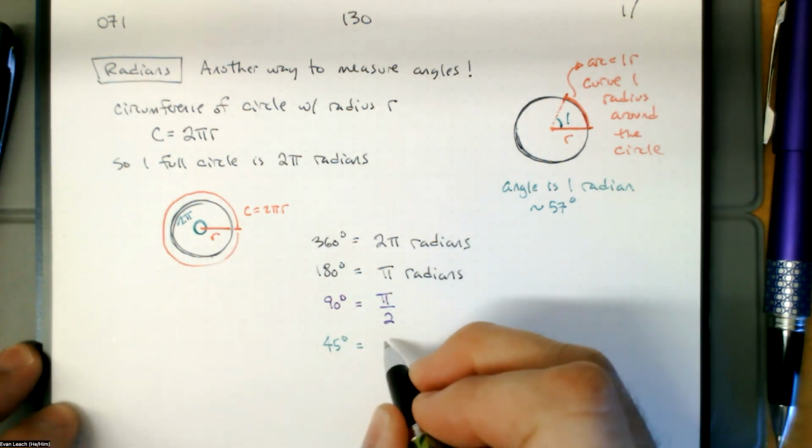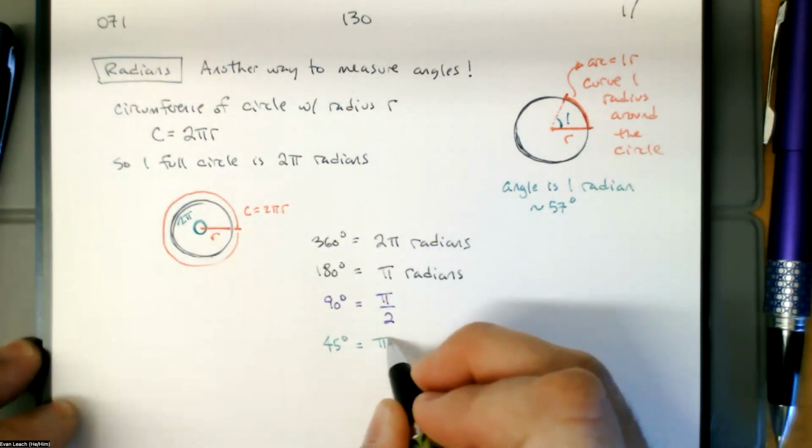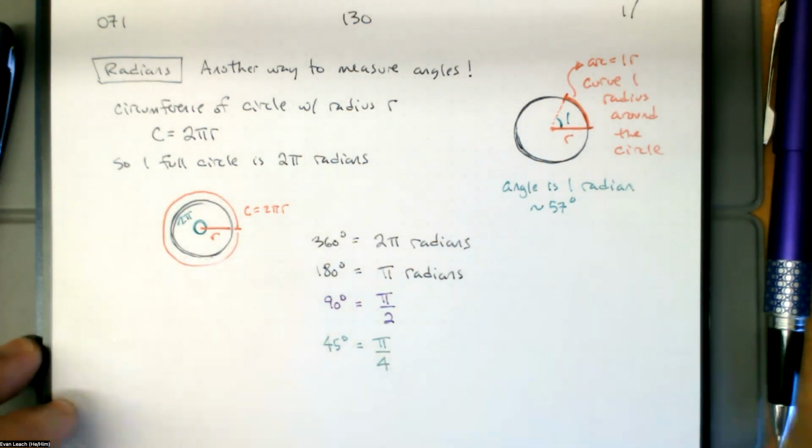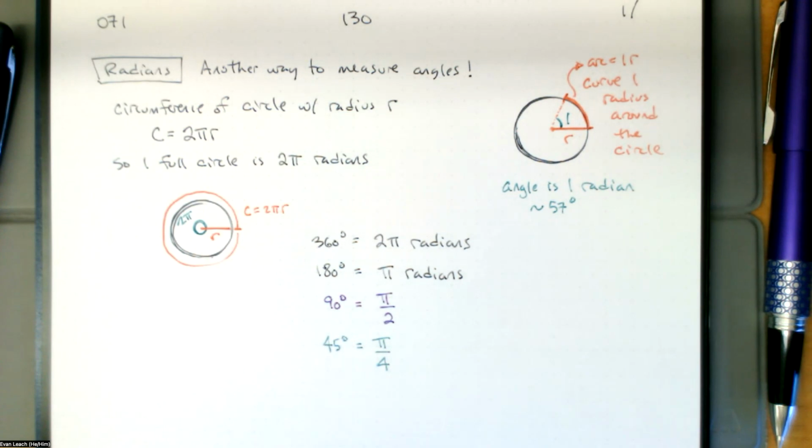If you want to cut a fraction in half, just double the denominator. If you have twice as many people, each person gets half as much. So pi over 2 becomes pi over 4.